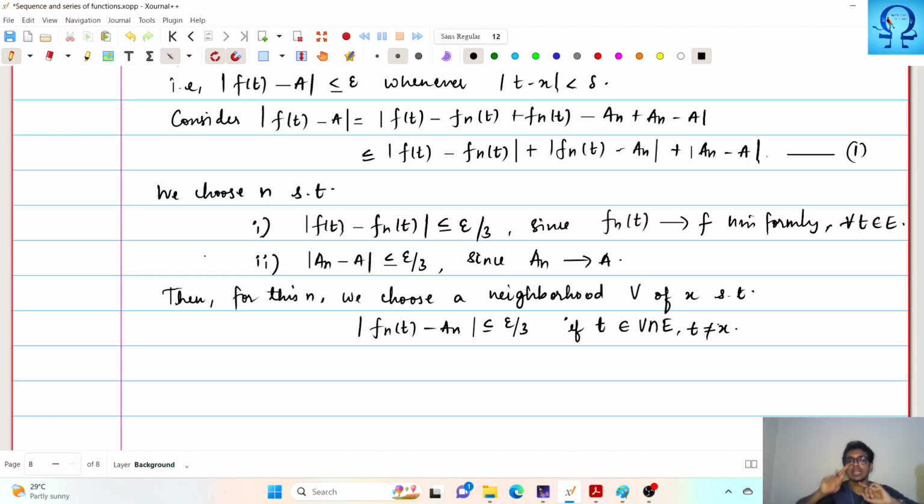So basically we are trying to check the limit as t approaches x.